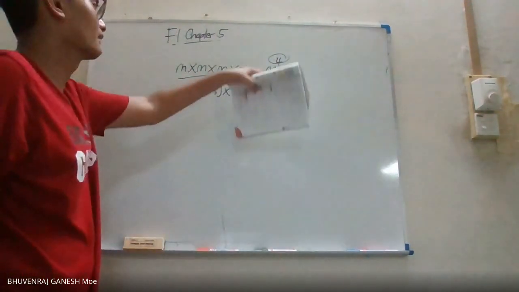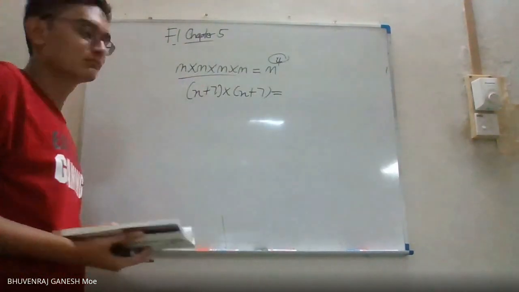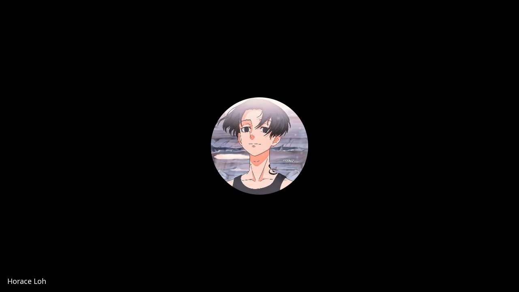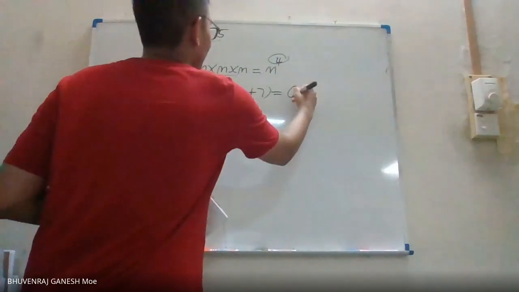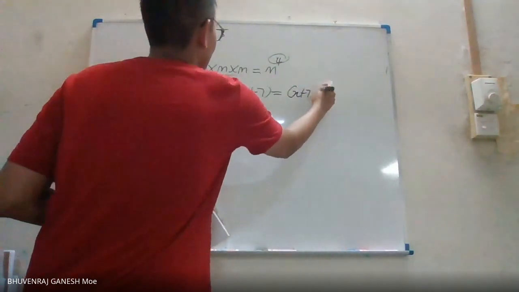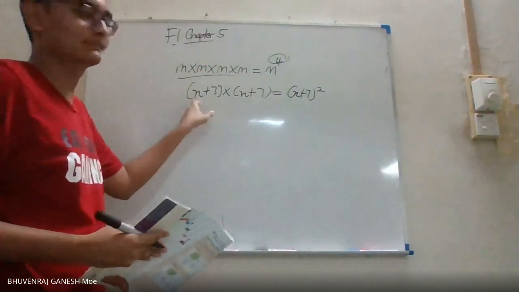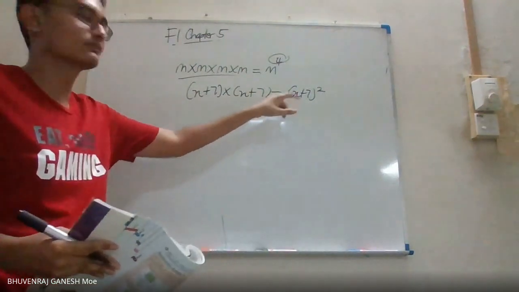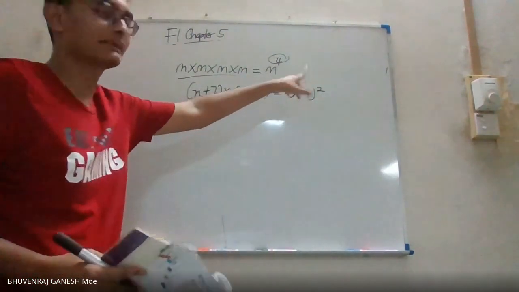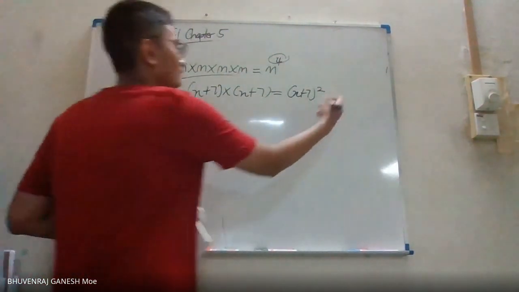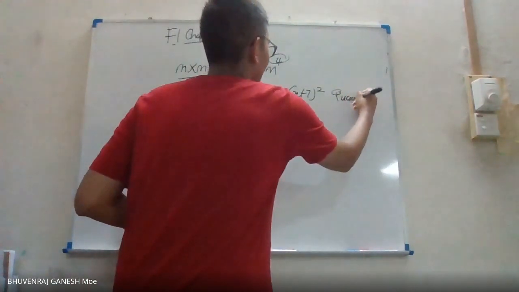Just straight away tell, same form: (x plus 7) square. Because the whole thing you repeat twice, not just x. You also repeat the plus 7 twice. So you just group it in a bracket and you put a square. So this is what we learned all this while. Quadratic.